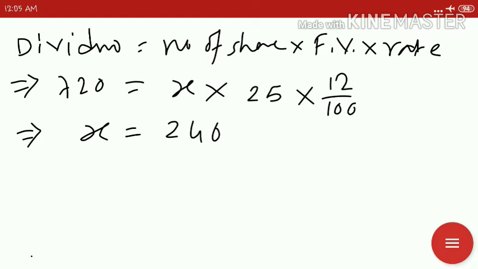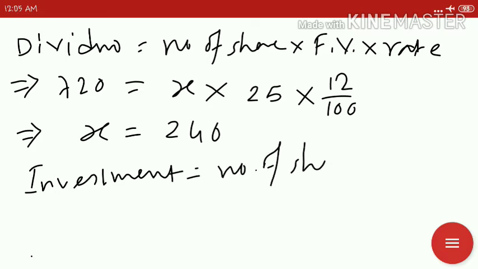Now we need to find out what sum should a person invest. That means we need to find the investment. So what is the investment? The formula is number of shares into market value.